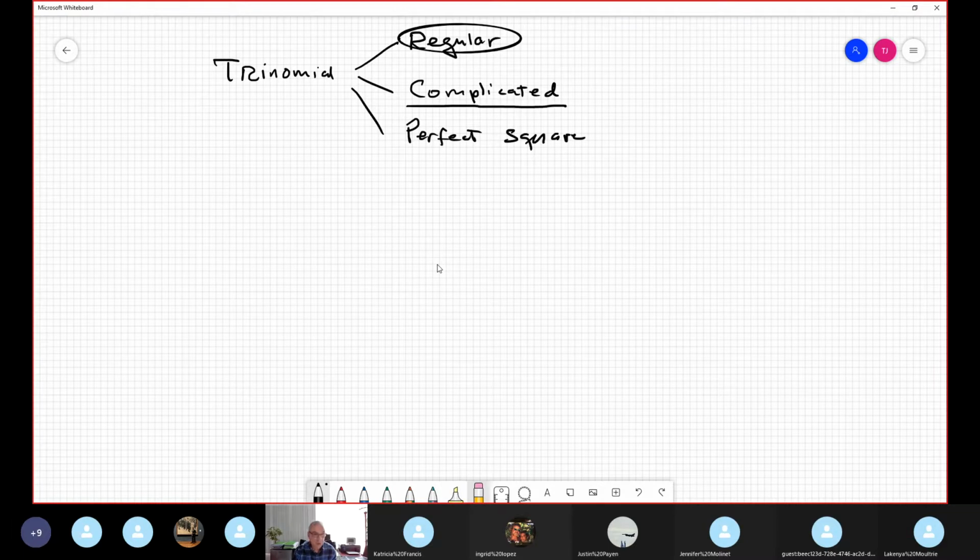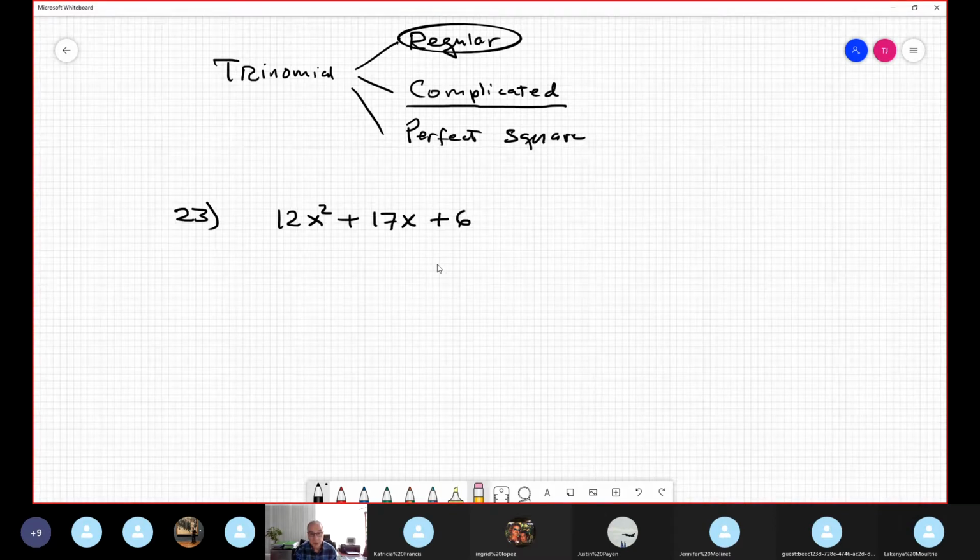For example, 23. 23 is 12x squared plus 17x plus 6. How do you recognize that it's complicated?